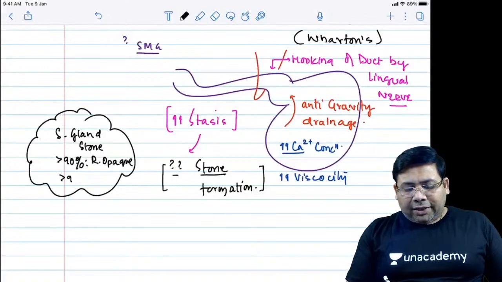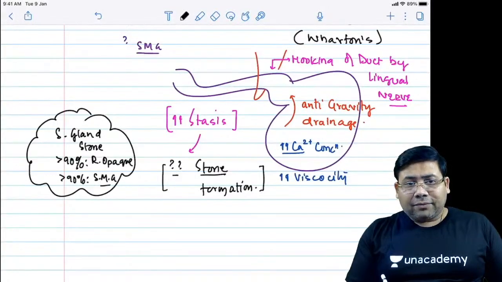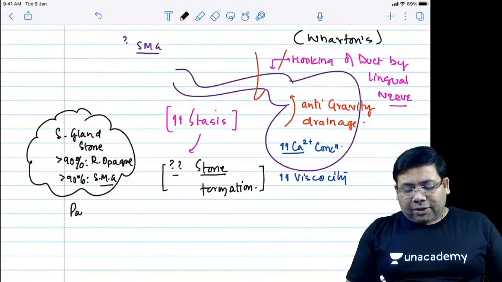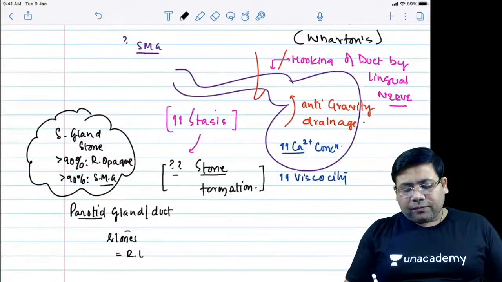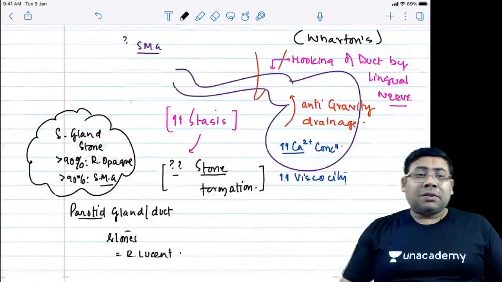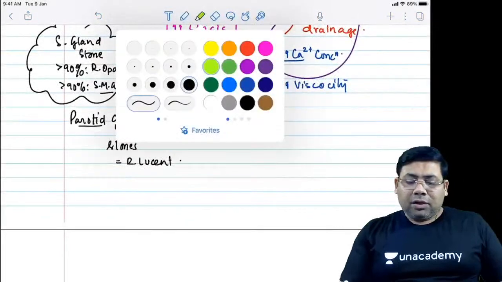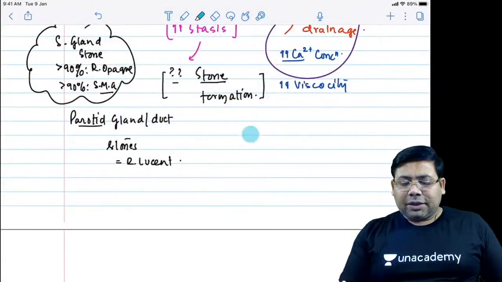Again, more than 90% of them are located in the submandibular gland. Parotid gland and its duct stones, they are radiolucent in nature. Now, what is the investigation of choice? How do you do diagnosis? Let us see. Diagnosis.